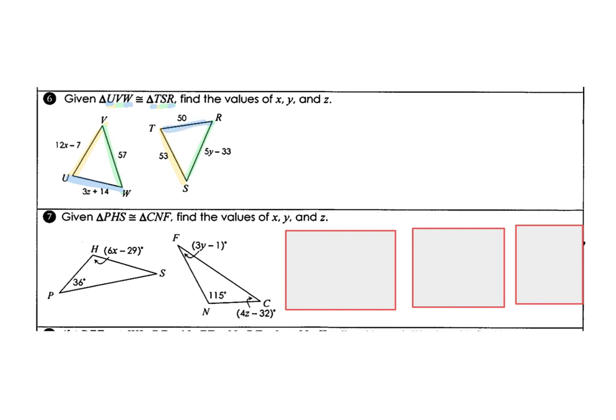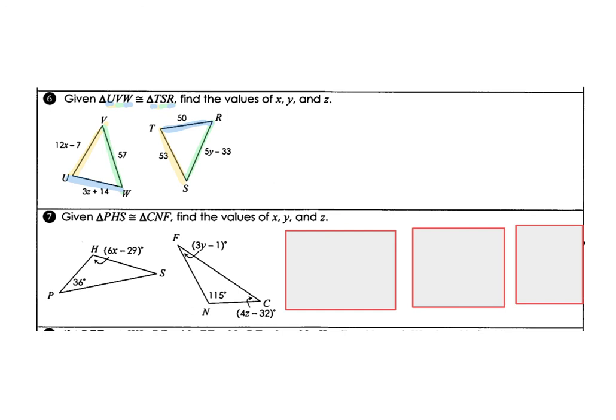You'll notice the orientation doesn't exactly match up. So you can't just look at it and say, oh, this looks like these sides are congruent. You literally have to read the congruent statement.